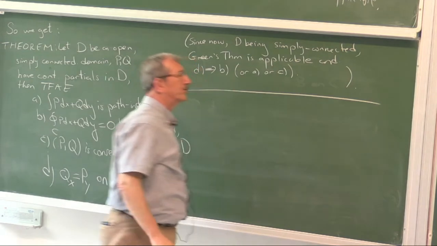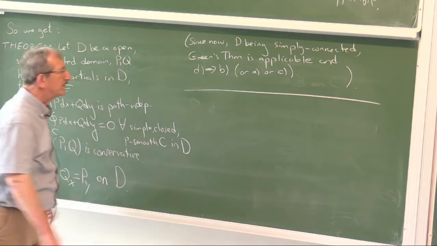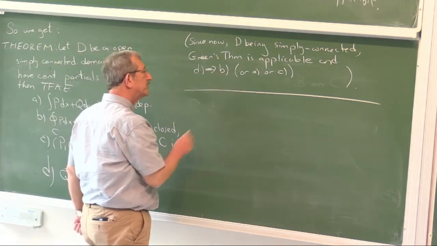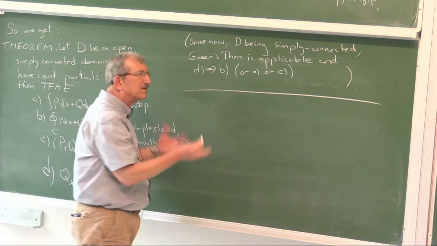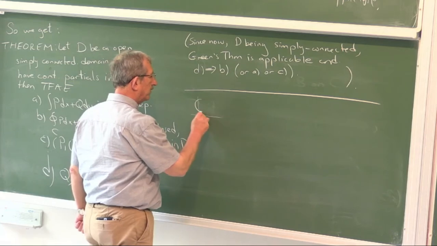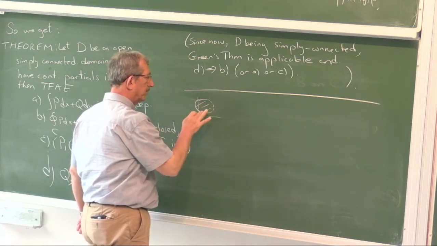So this is the proof. Well, before we apply these results to our examples, let us note the following figures, namely what are simply connected in fact. Well, for example, a circle, it should be open.